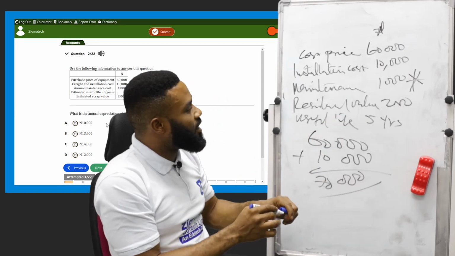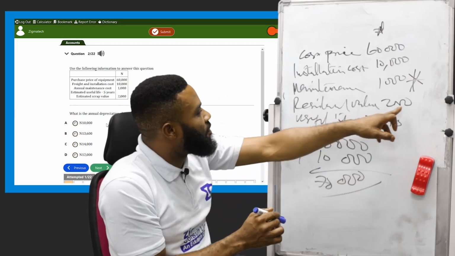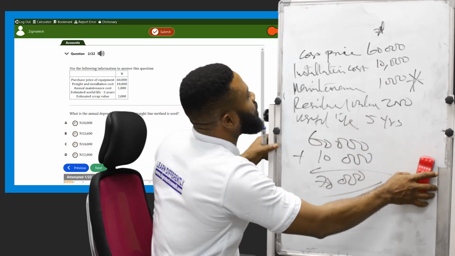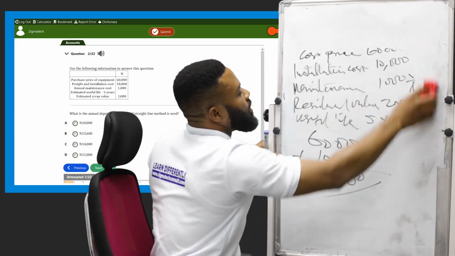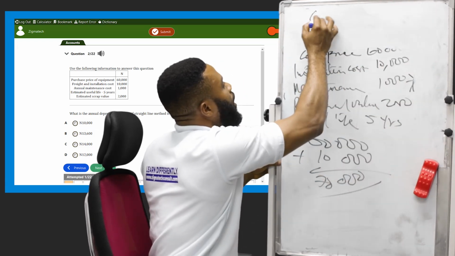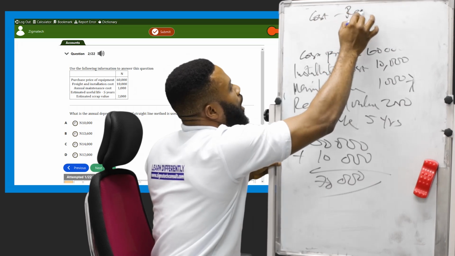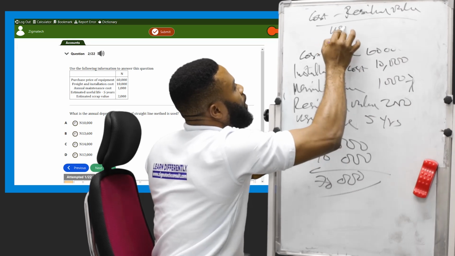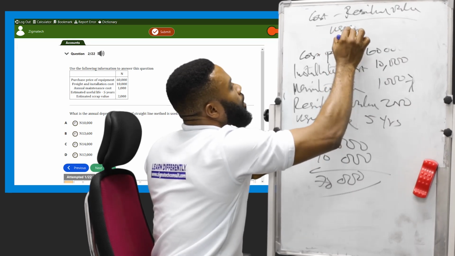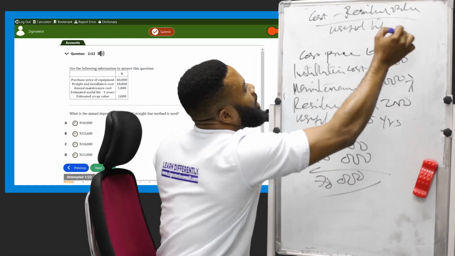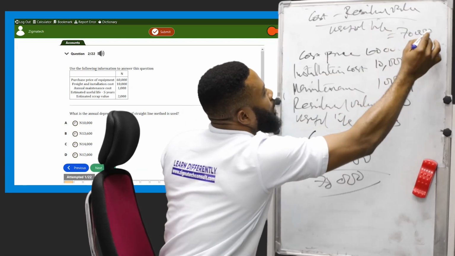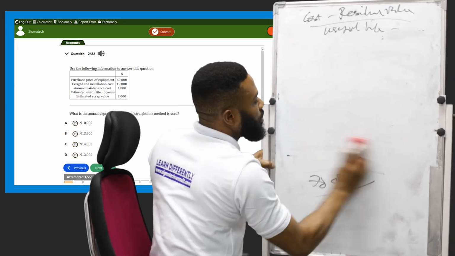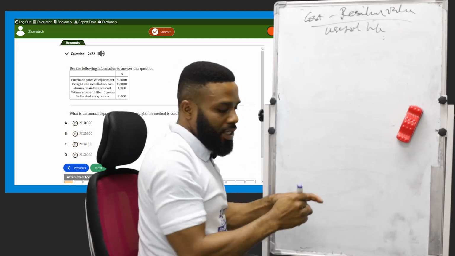Now, if the cost is 70,000 and they are saying that the residual value is 2,000 and the useful life is 5 years, let's just apply the formula of straight line method, which says cost minus residual value all over useful life. We will now have 70. Let's now write it. This is the formula. Let's now write it.